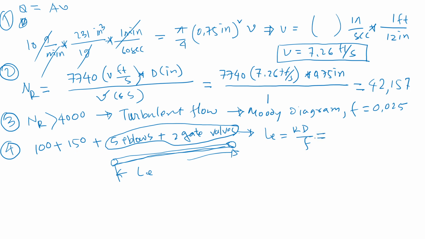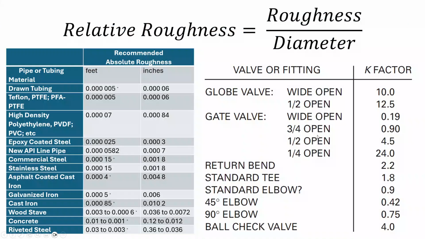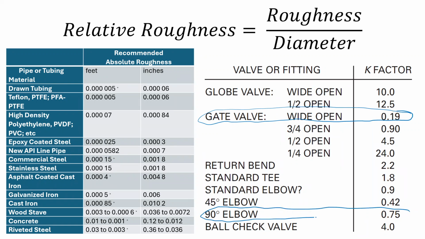To calculate this total, for the wide open gate valve you can find the K value, the constant for that. If the gate valve is wide open, the K factor is 0.19. And then you have elbows. The elbows are given as 90-degree elbows, so the K factor for 90-degree elbows is 0.75.